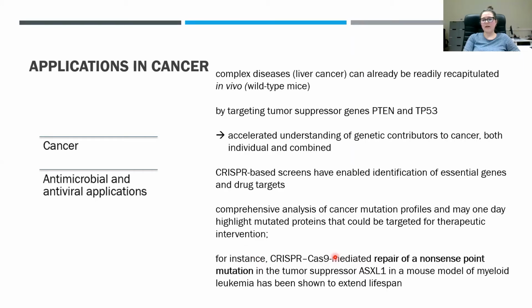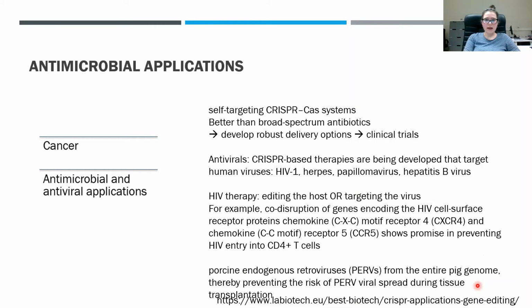For example, the CRISPR system allows us to repair a nonsense mutation in the tumor suppressor ASXL1 in a mouse model of myeloid leukemia. And this kind of gene editing has been shown to extend lifespan. And about antimicrobial applications.